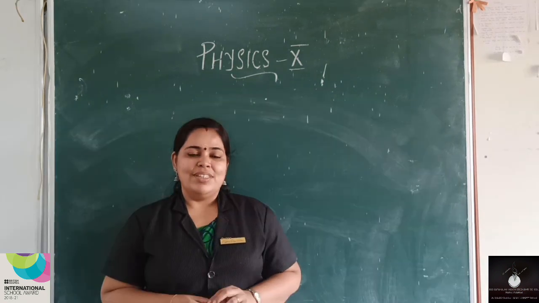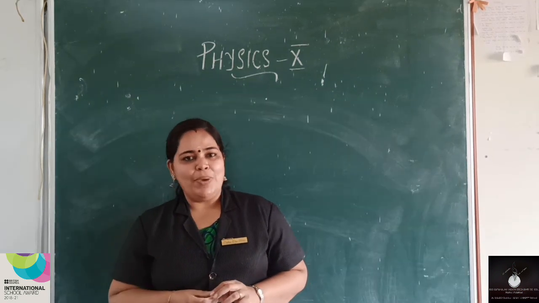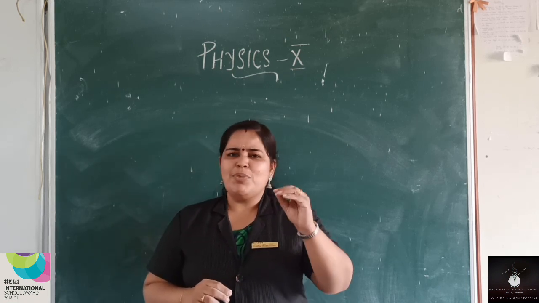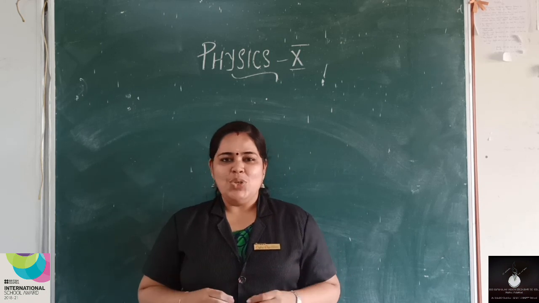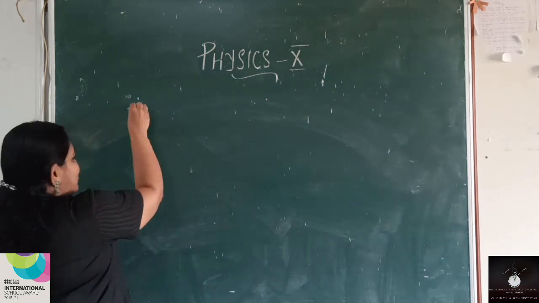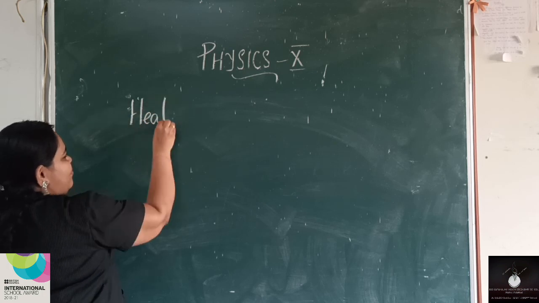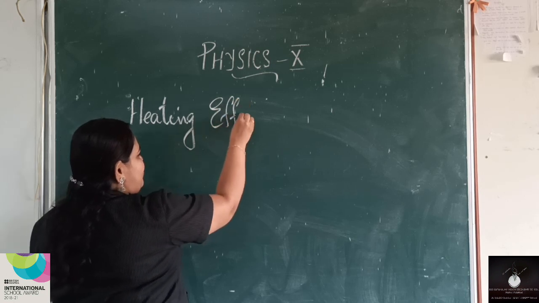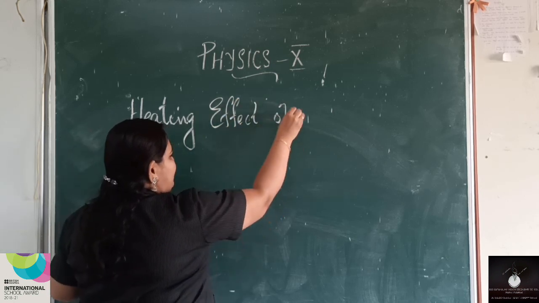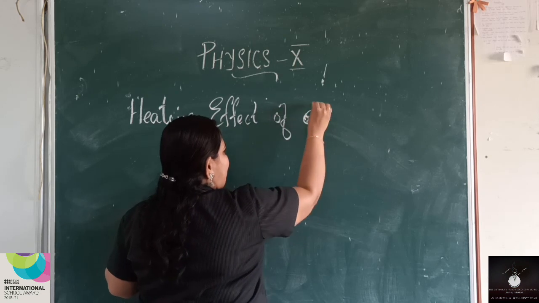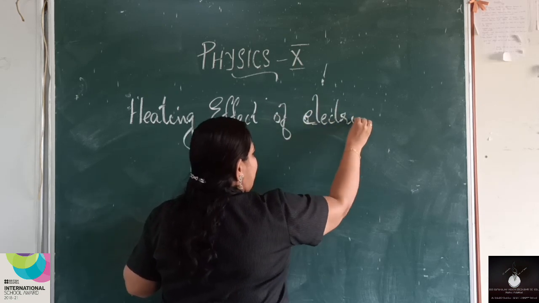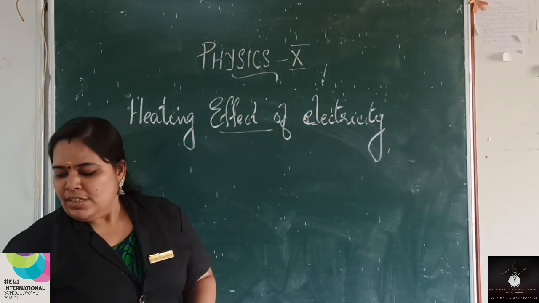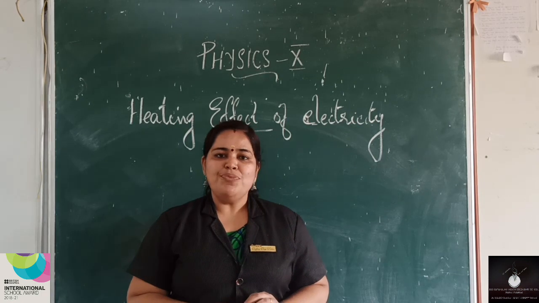Okay, is it clear? Now we can move on to the next topic, heating effect of electricity, and we can study some of the instruments and their uses. Heating effect of electricity.